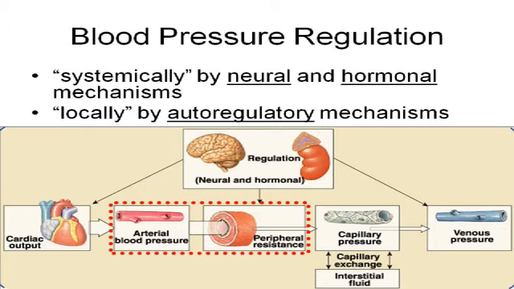In addition to that, in every little tissue area, you have local control of the blood pressure in that tissue. So not only do you have systemic blood pressure control, the blood flow, the blood pressure in that little capillary bed, is controlled locally.